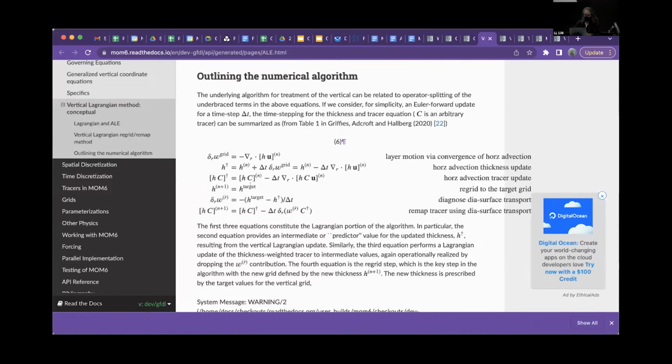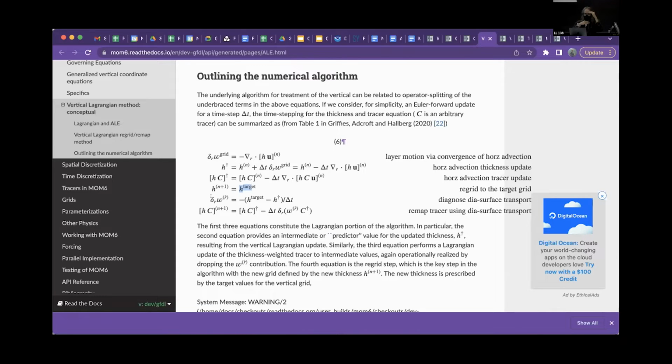And that is done by defining this target thickness, which, by defining your thicknesses, you effectively define your layer grid positions, your layer interfaces. And that movement of the grid doesn't change the state of the fluid, it changes the grid. But by changing the grid, you change where in the fluid you are representing your fluid state.